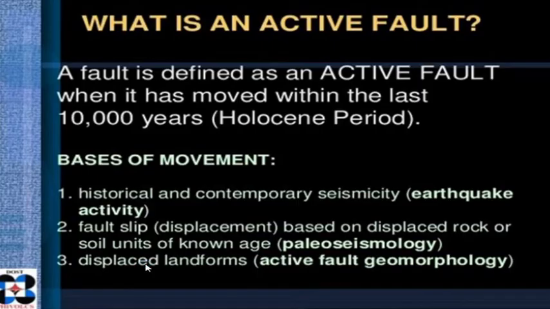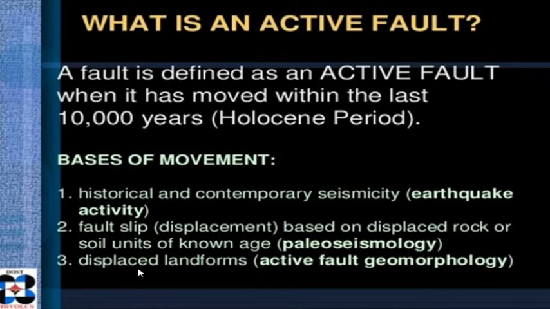So, what is an active fault? A fault is defined as an active fault when it has moved within the last 10,000 years or the Holocene period. What are the bases of movement? Number 1, historical and contemporary seismicity or earthquake activity. Right? Number 2, fault slip or displacement, based on displaced rock or soil units of known age, or paleoseismology.